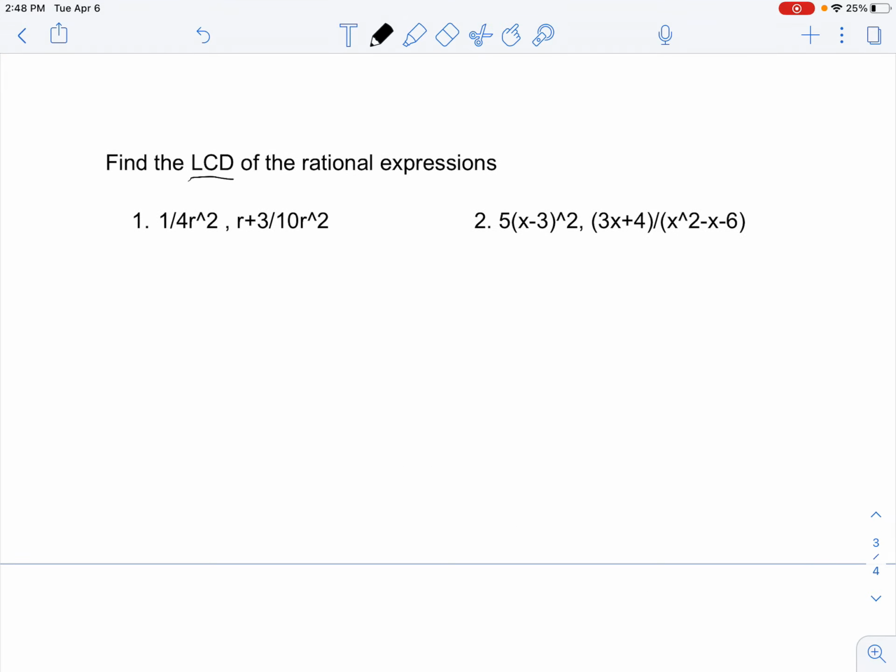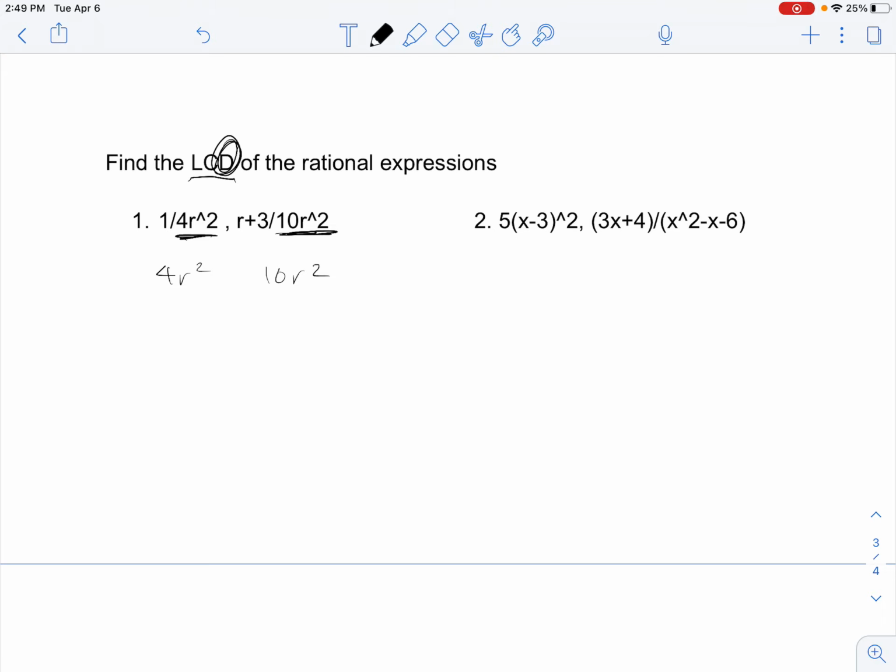Now, finding the least common denominator of the rational expressions. You have 4r squared and you have 10r squared, as you're trying to find the least common denominator. Now, a least common denominator is the lowest common multiple of the denominators of a set of fractions. So in this case, what would the lowest common denominator be for this problem?